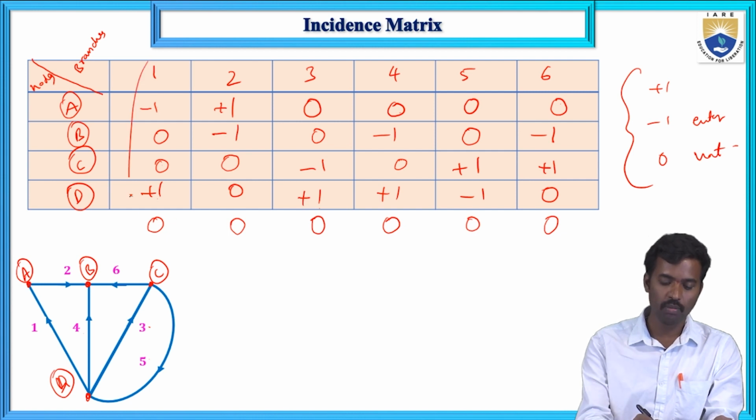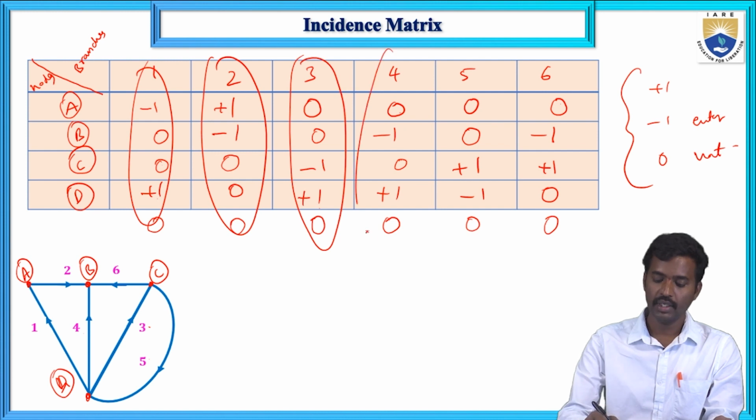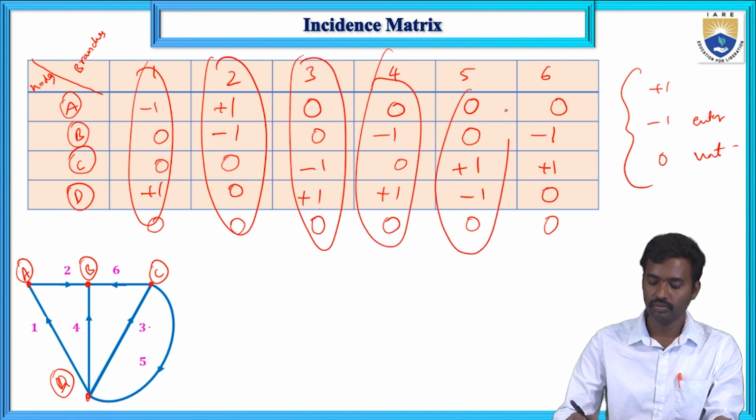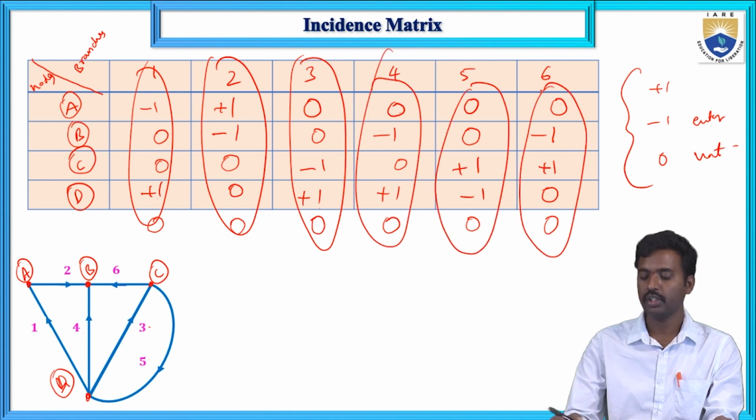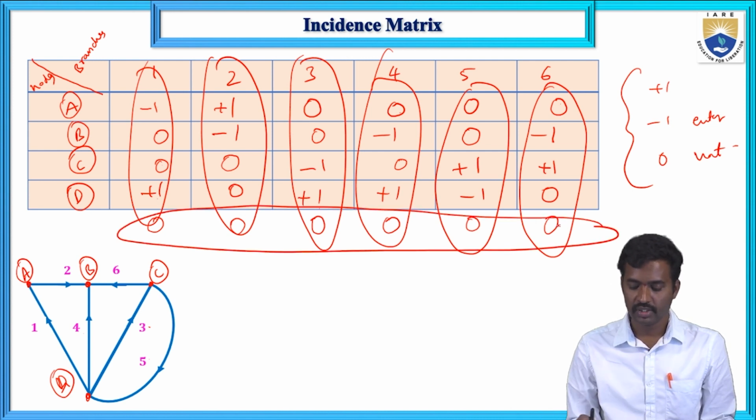So the algebraic sum in any column is 0. In the incident matrix, that value is 0.